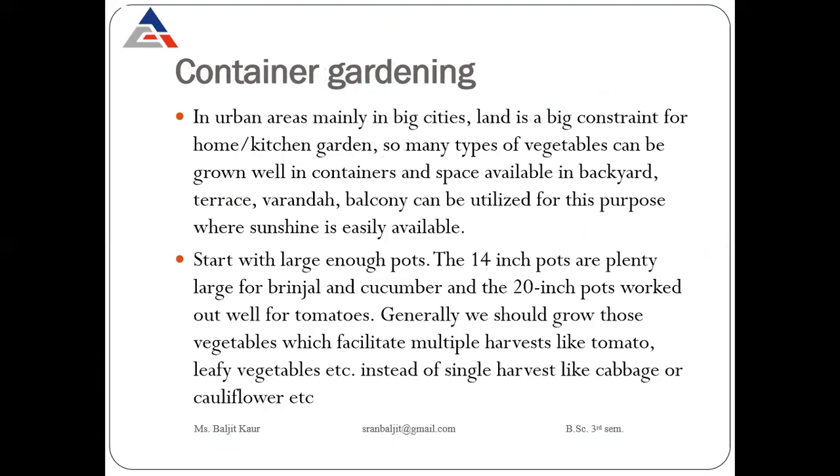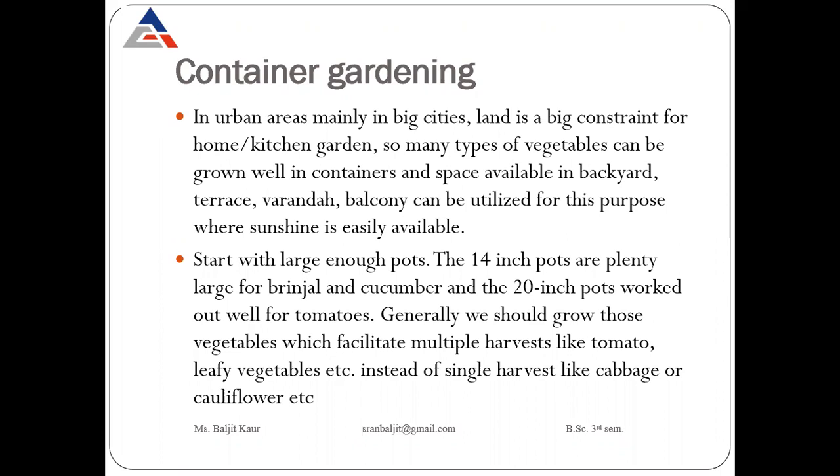Next is container gardens. Container gardens means in big cities or urban areas, land is a big constraint. So people do not have land for the home garden or kitchen garden, so they can grow vegetables in containers, and those containers can be kept in the space available in their backyard, terrace, veranda, balcony, right?